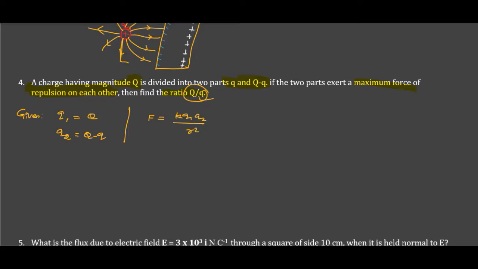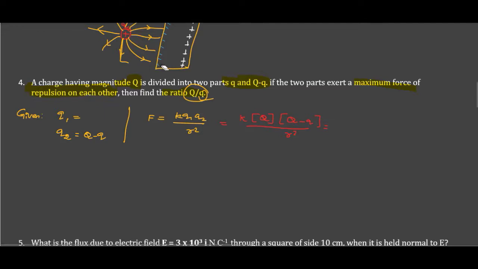Okay, first we will find that repulsive force. So k, Q1 is capital letter Q, Q2 is Q minus Q divided by r square. If you do this, okay, sorry, we did it wrong.